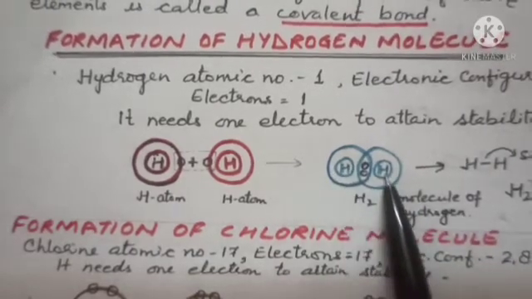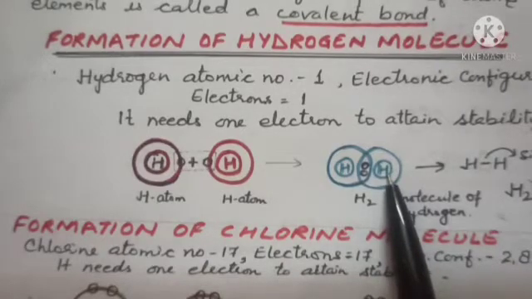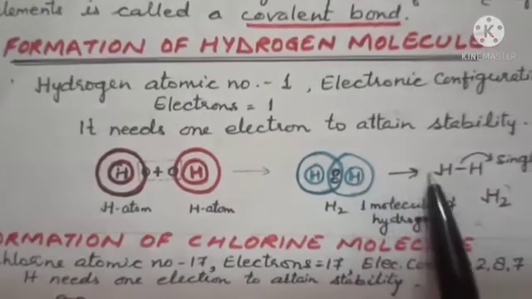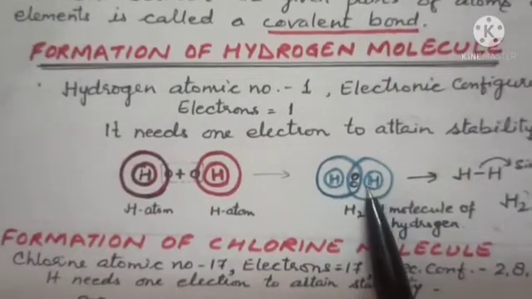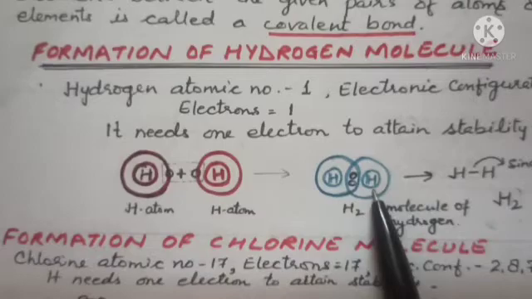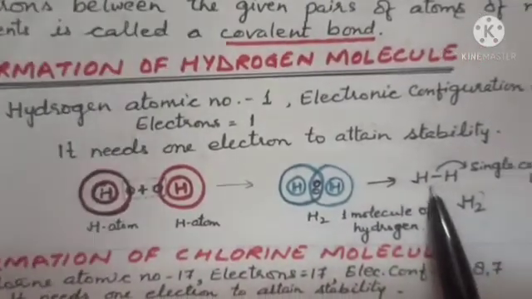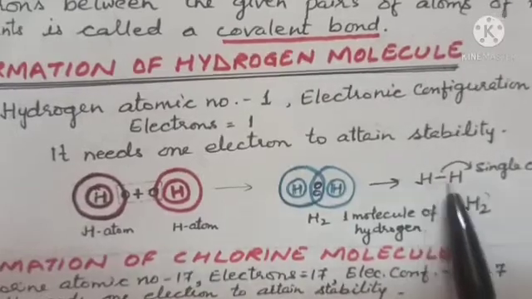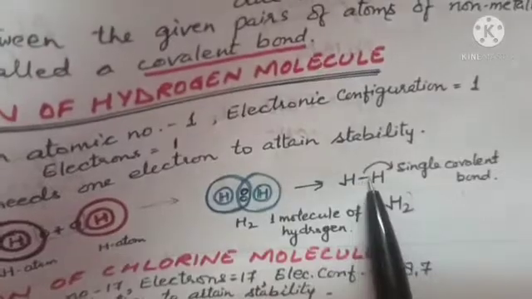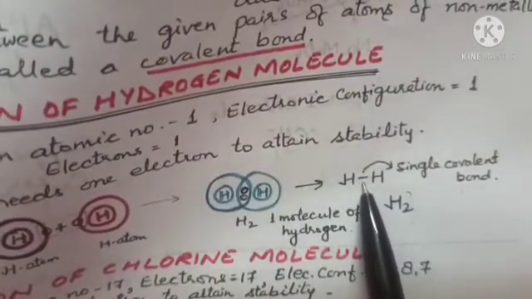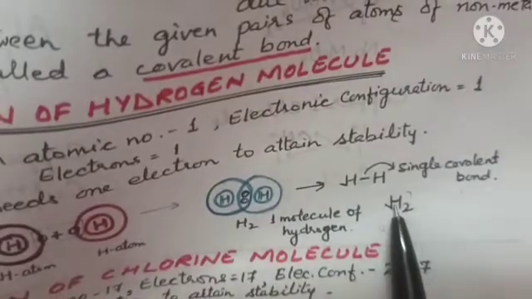So both have 2 electrons, and that is why both get a stable electronic configuration, and then they form one molecule of hydrogen. By sharing one pair of electrons, a single covalent bond is formed between these two atoms of hydrogen, and the hydrogen molecule is formed.